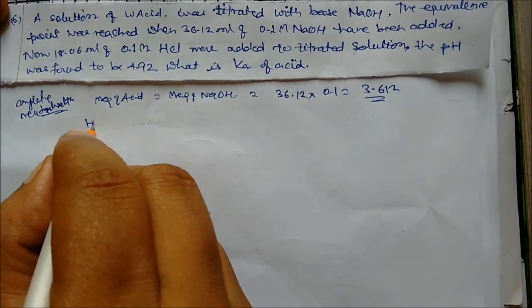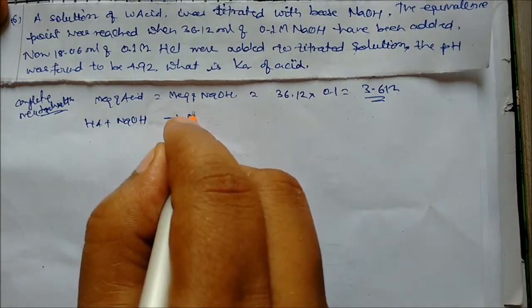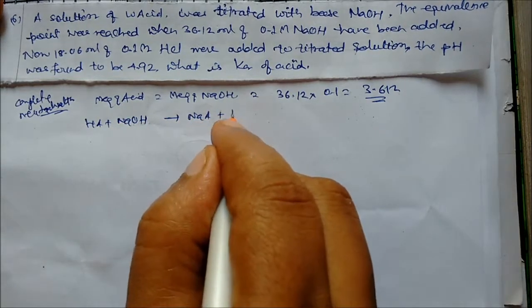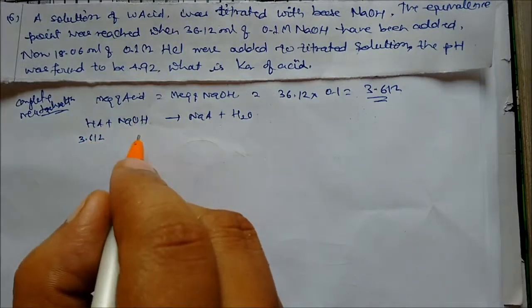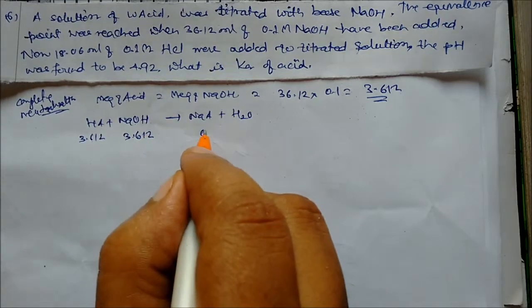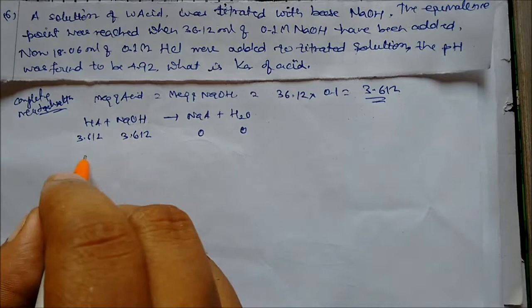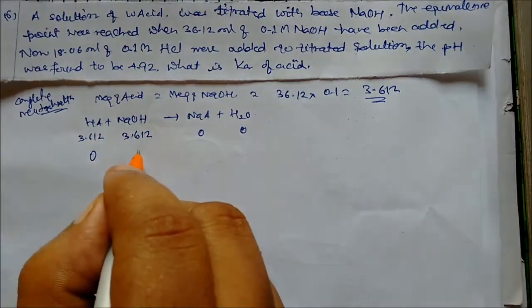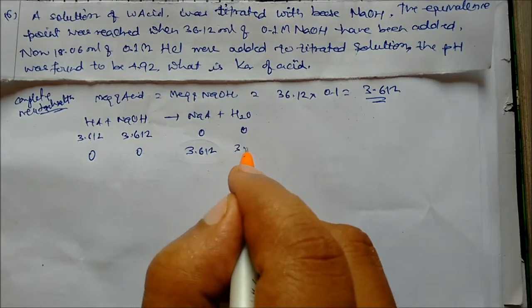The reaction is HA plus sodium hydroxide giving NaA plus water. Initially the acid is 3.612 and the base is 3.612. After the reaction, both become 0, and NaA becomes 3.612.